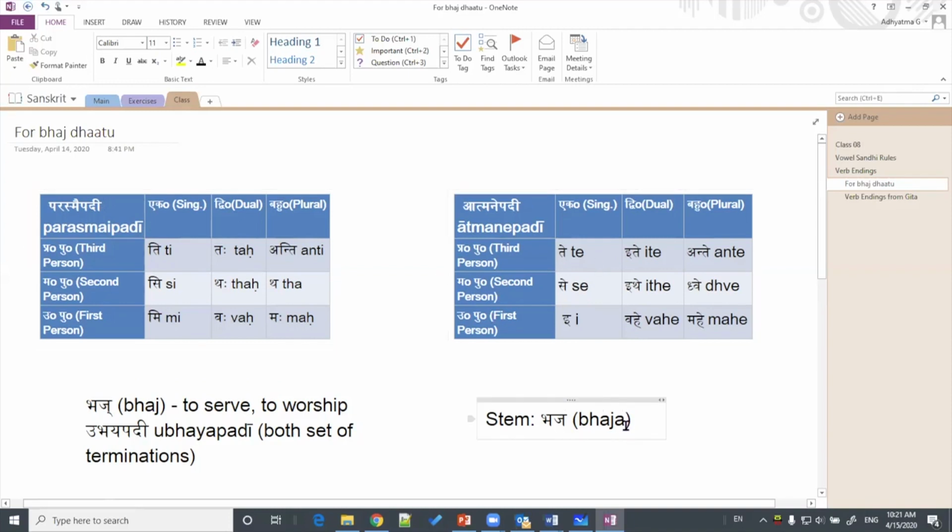It is just that when the stem is akaranta, it is very easy to apply. You know immediately how to make the forms. And as I said, you would be able to identify a multitude of forms because more than half the verbs in the whole dhatu patha actually have a stem ending in akara.